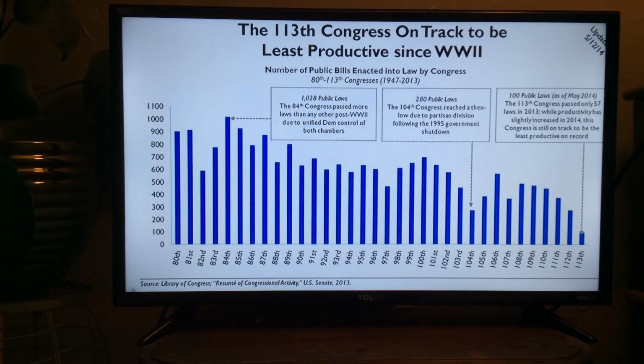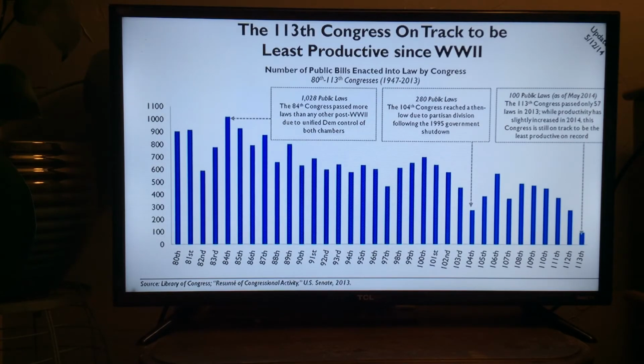You see that the 84th Congress there, this was shortly after World War II. I think that's actually the early 1950s, maybe. They passed more than 1,000 laws in their 2-year period. And so that's quite a lot. You can see it stays up there, kind of between 500 and 800 for quite a long time.